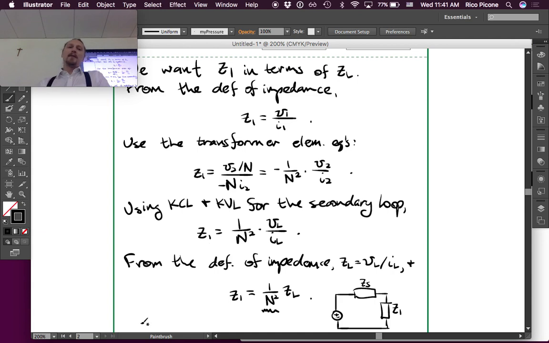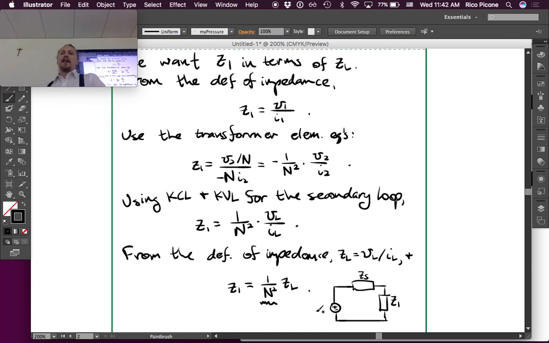You might not be able to remember that, they call this reflecting an impedance through a transformer, that when you reflect an impedance through a transformer, it picks up a factor of 1 over n squared. That's not something that I would remember off the top of my head. Well, actually, this one I do.